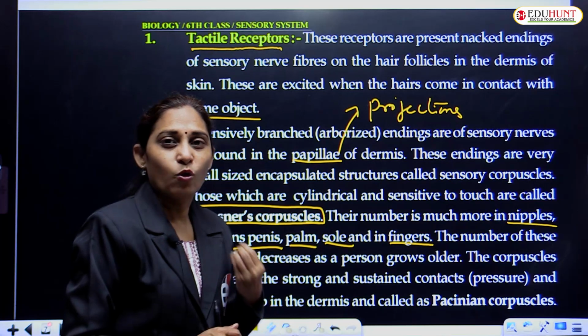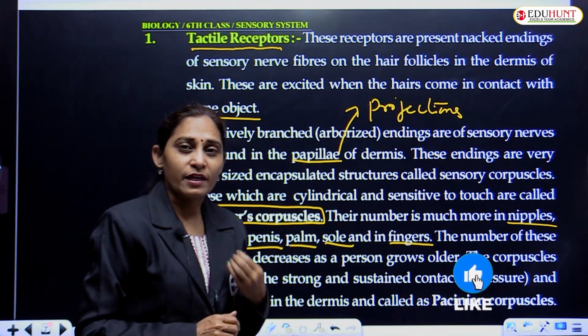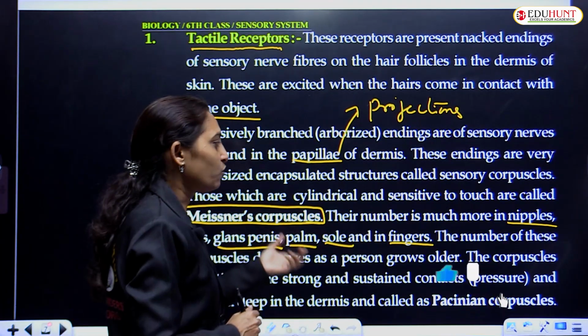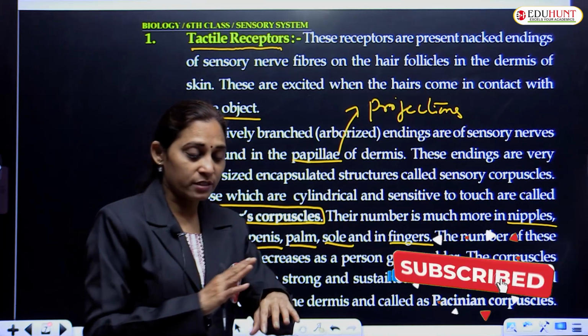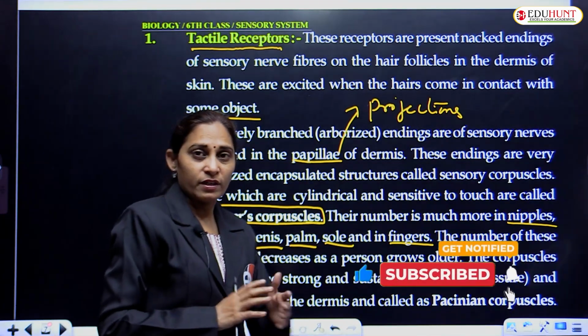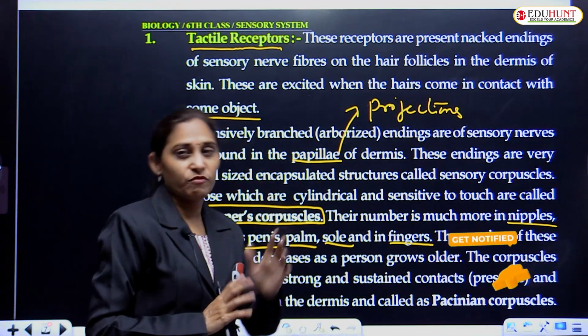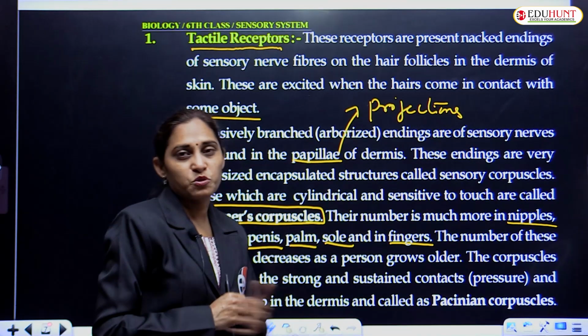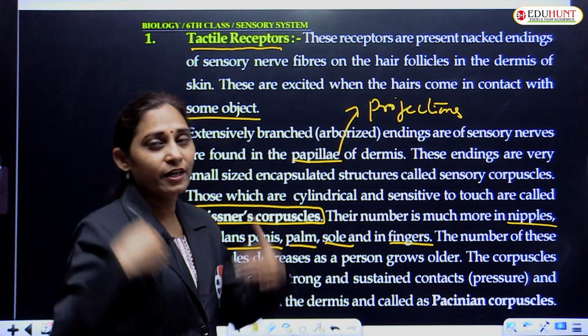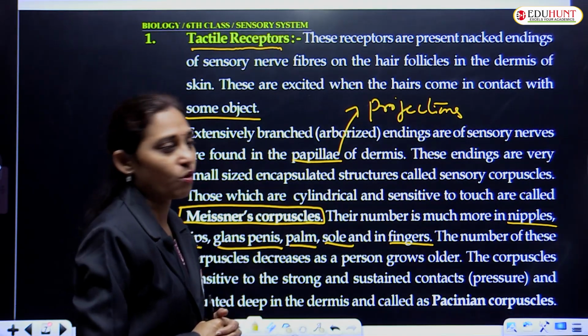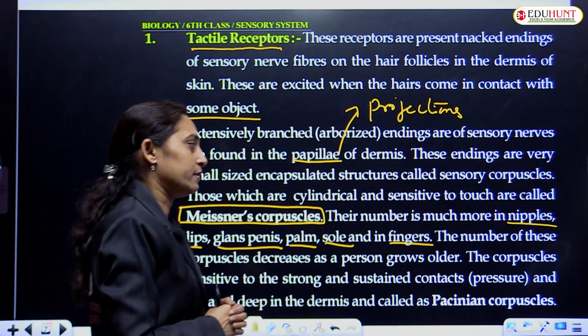ఎల్డర్లీ పీపుల్‌కి, ఓల్డ్ పీపుల్‌కి సెన్స్ తగ్గిపోవడానికి రీజన్ ఏంటి? సెన్సిటివ్ టు టచ్, ఈవెన్ అదర్ సెన్సెస్ ఆల్సో, ఈవెన్ విజన్ బికమ్స్ వీక్. Hearing defects also occur in them.